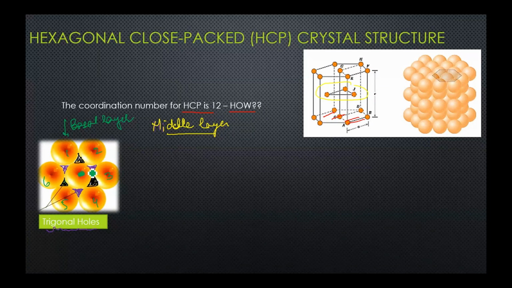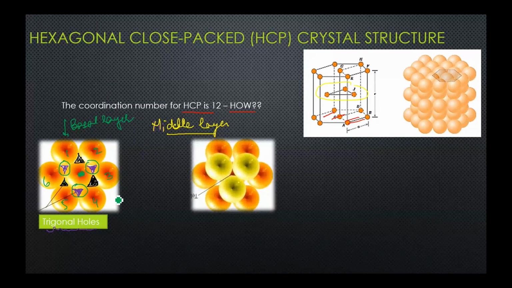Let's say the three atoms decide that they would occupy this cavity. So the three atoms would essentially occupy the same nature of cavities. Clear enough? So if you see over here, the next layer, which is the middle layer, this cavity which is facing upward, this cavity and this cavity, atoms have not occupied that space.